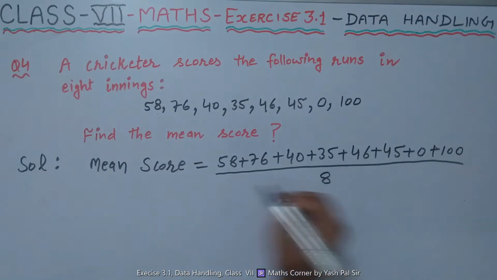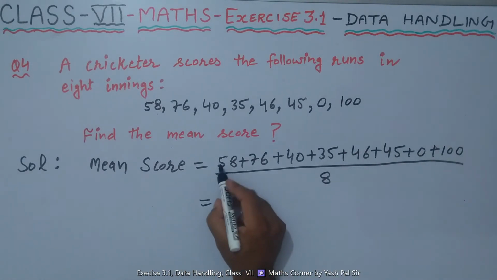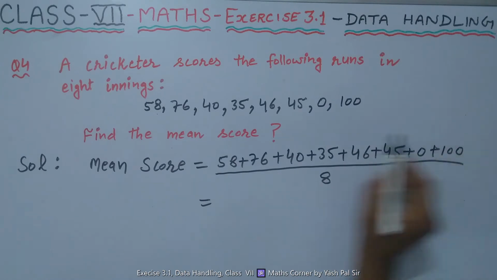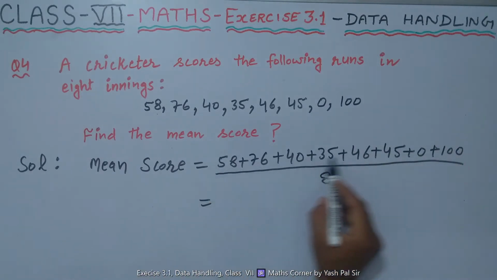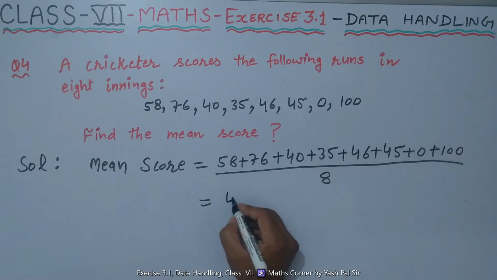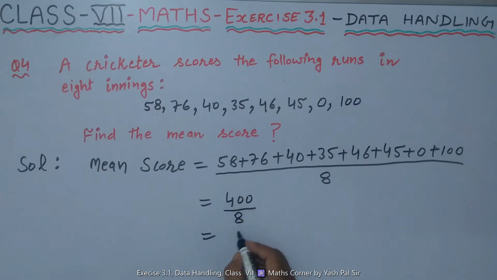We divide by 8. Now adding all these numbers, the sum is 400. 400 divided by 8 is 50. 50 is the mean score of the cricketer.